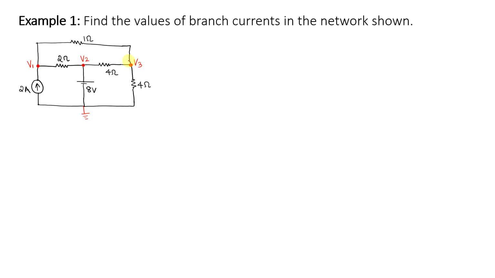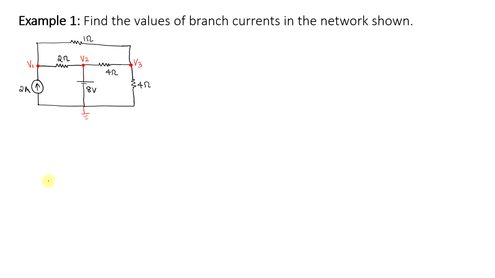I have explained 2 cases. One case is where you have the supernode concept, another case is where you have a voltage source present between an active node and a reference node. When you look at this particular circuit, you can see you have this 8 volt source present between an active node and a reference node.